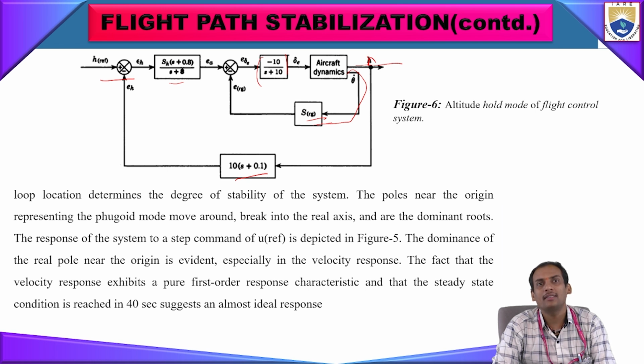The fact is that the velocity response exhibits a pure first order response characteristic, and the steady state condition is reached in 40 seconds, suggesting an almost ideal response only.